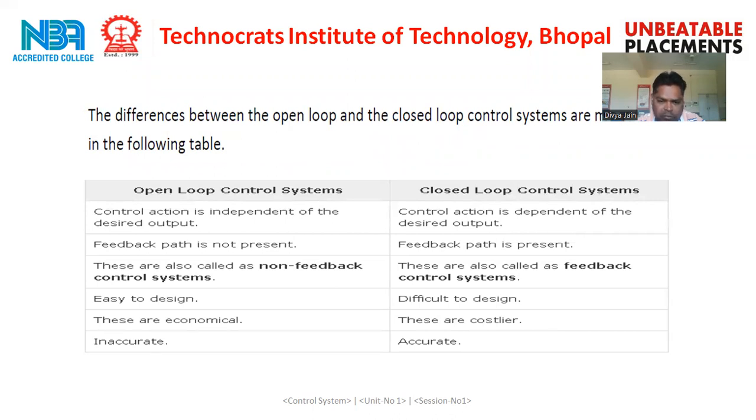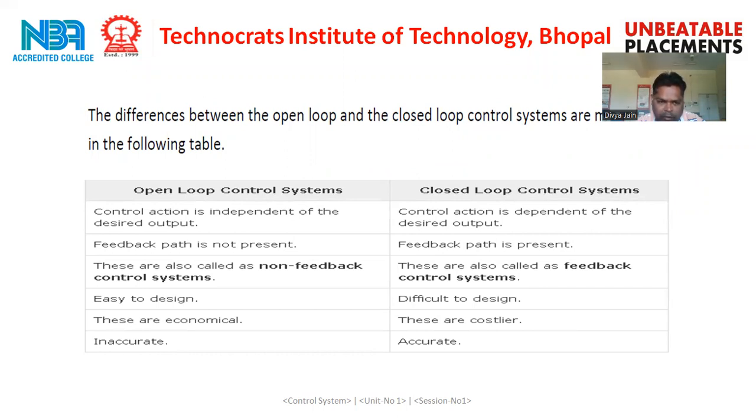The open loop system is also called a non-feedback control system, while the closed loop system is called a feedback control system. The open loop system is easy to design and economical, but the closed loop system is difficult to design because it is a very complicated circuit, and it is costlier because we use the feedback path.